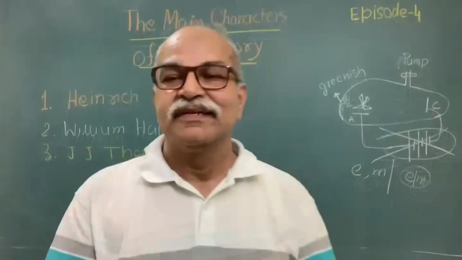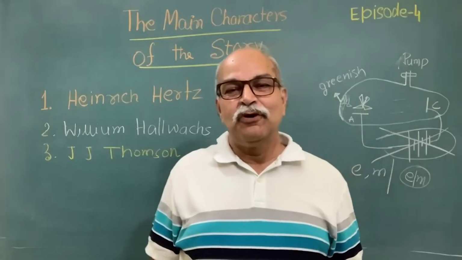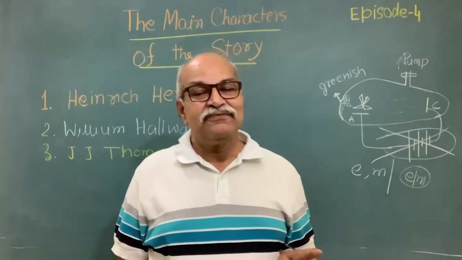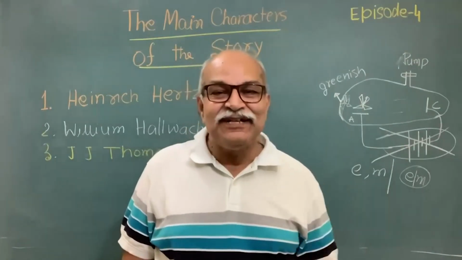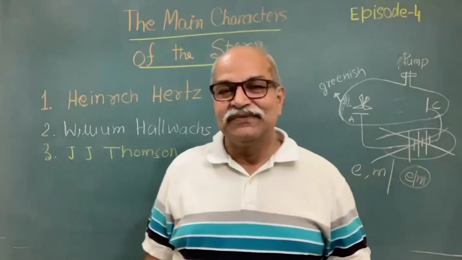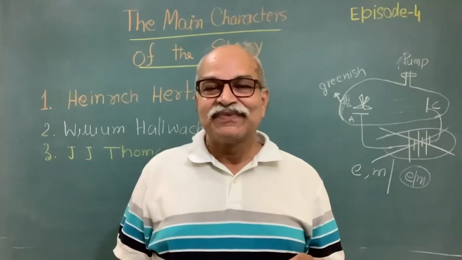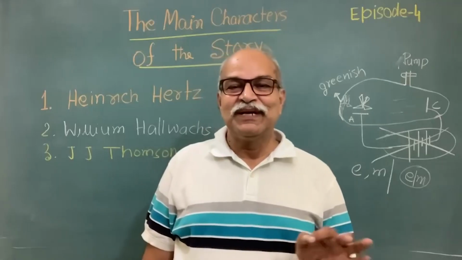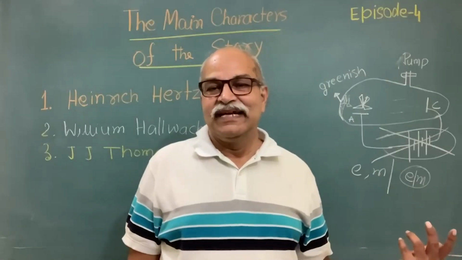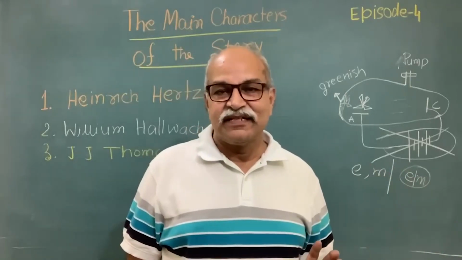Okay, so these experiments that I have described by Thomson, these were performed in the year 1899, and that is 2 years after that so-called discovery of electrons, where he showed that cathode rays, which were known for a very long time, are nothing but streams of particles having certain charge and certain mass, and the ratio of E by M or M by E, that he has calculated in his 1897 paper, and very carefully designed experiment.